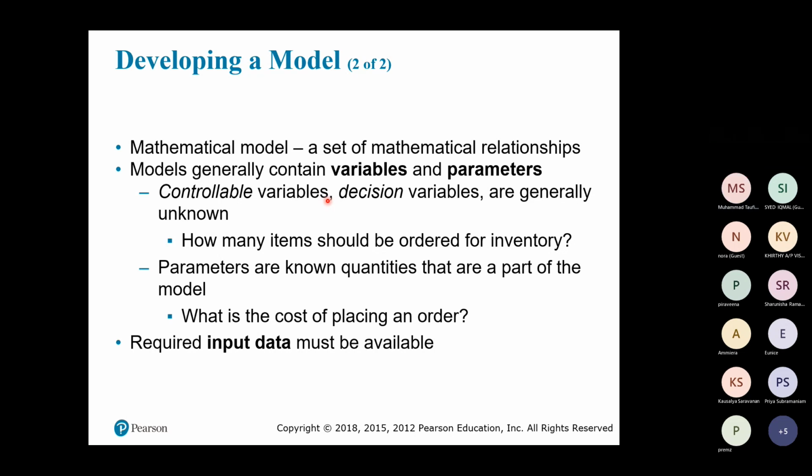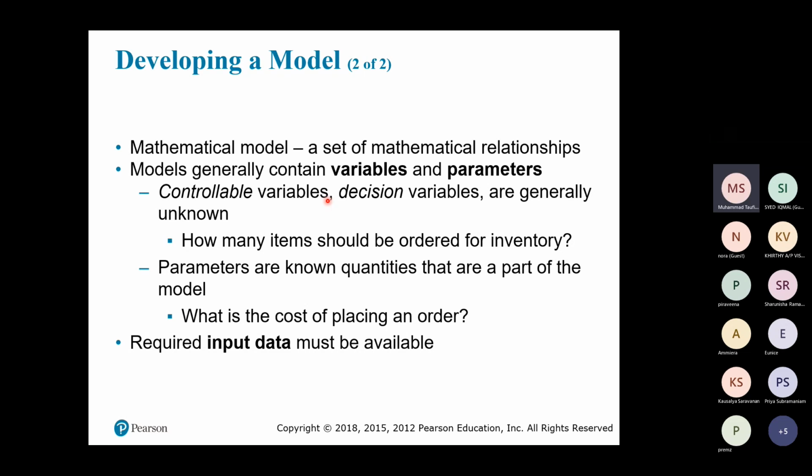We put in the value of the variable, and then we try to solve for the decision variable. The decision variable is the variable that we don't have the value for. We want to know the value of this variable. So that is the decision variable.